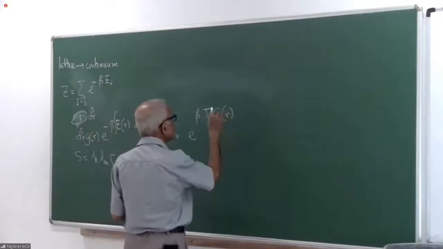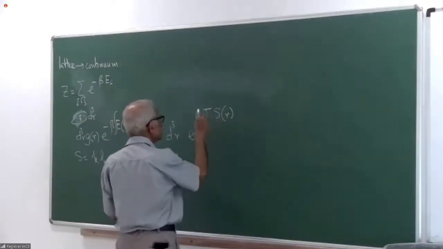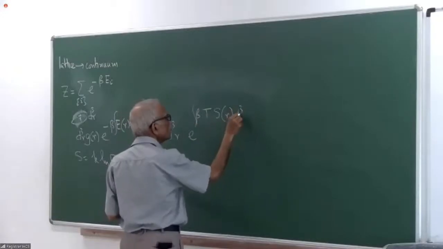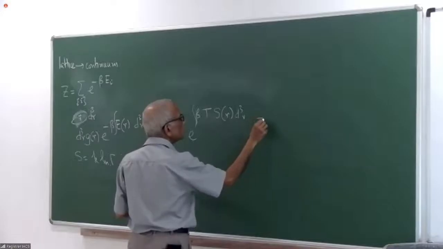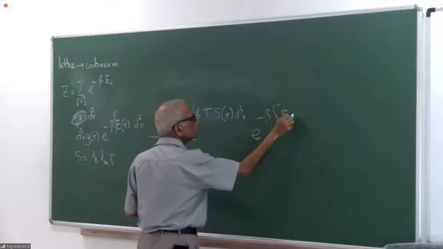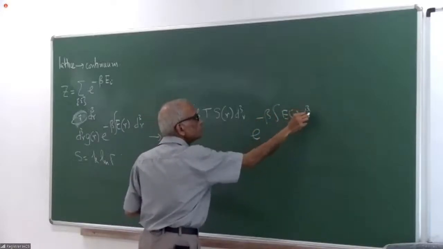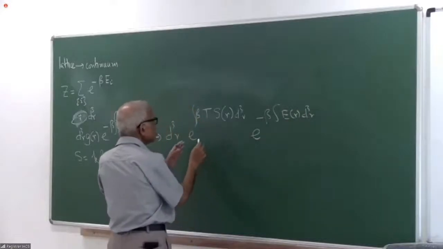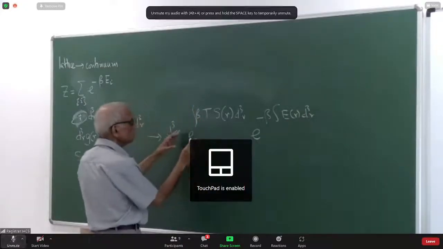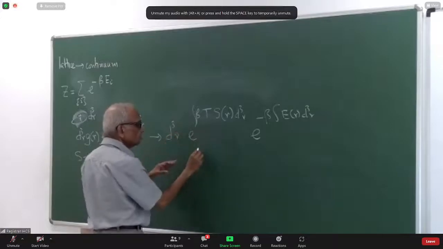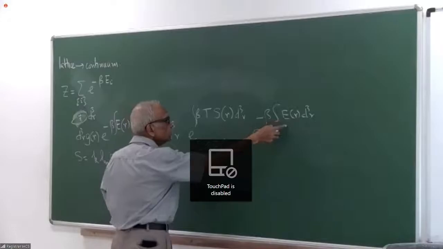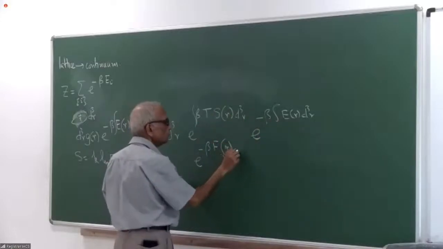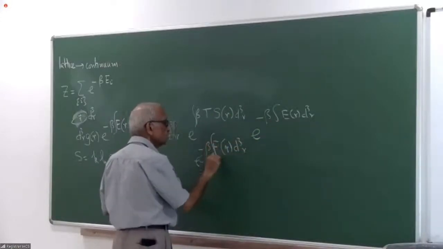Then you would have to integrate over all R here. And then there is e to the power minus beta E of R d3r over here. And therefore, what you are looking at in this numerator is the free energy, F equals E minus TS, F of R d3r integral.